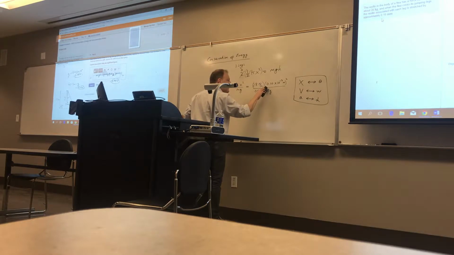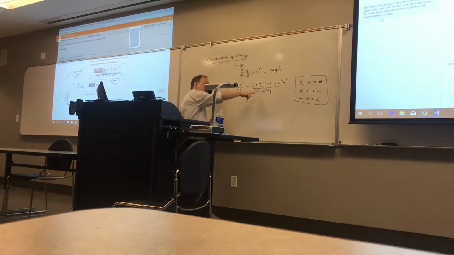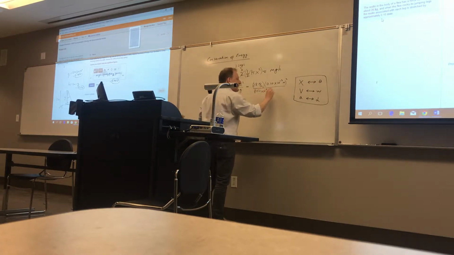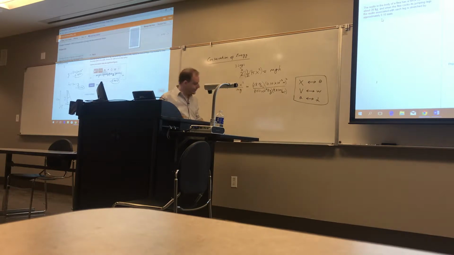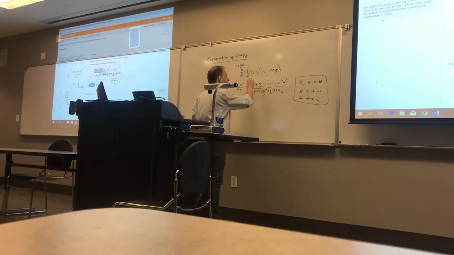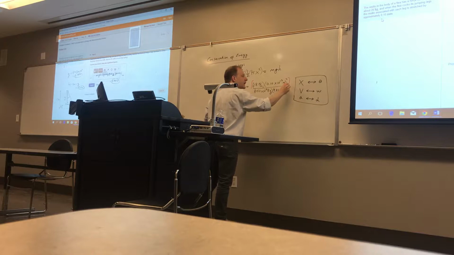So 10 to the negative 6 of a kilogram, and then times 9.81. Don't forget to put brackets around everything. I would definitely put brackets on my calculator around the numerator and around the denominator.